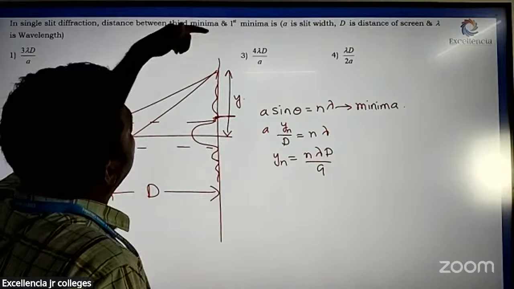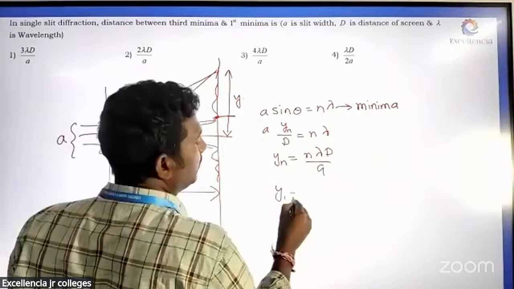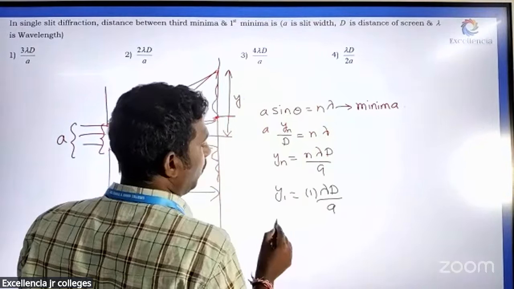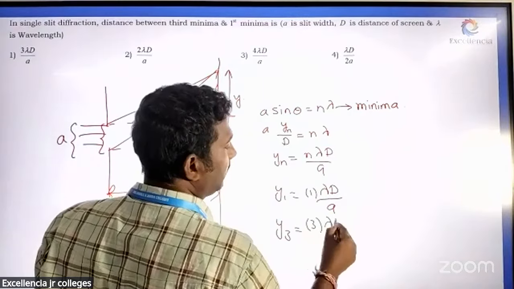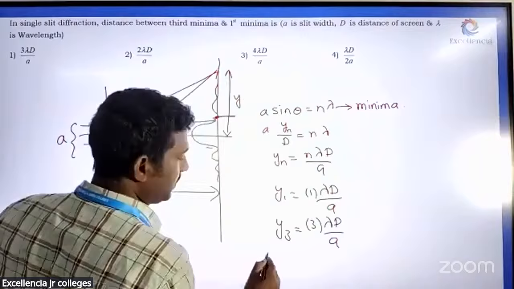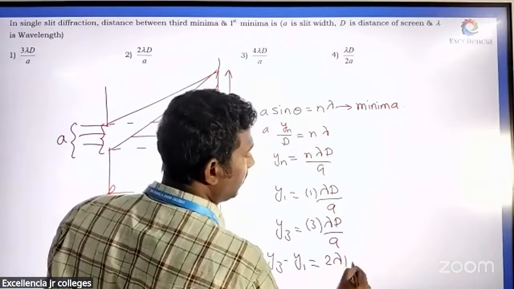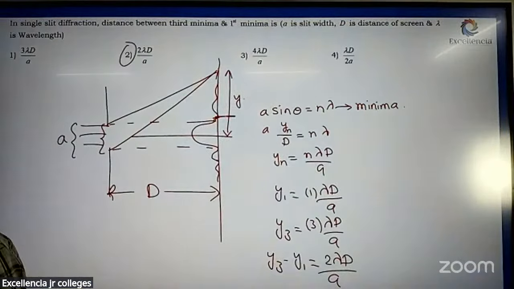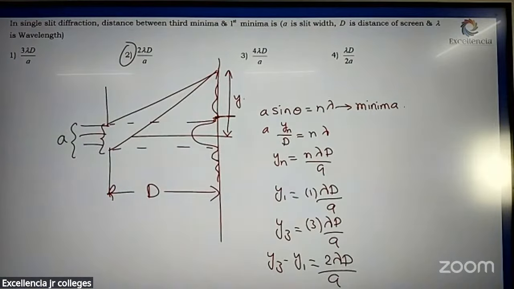Third minimum distance minus first minimum. So y1 is lambda D by a. y3, what you get? 3 lambda D by a. So students, y3 minus y1 they are asking, 2 lambda D by a, which is the second option. Got it, students? So this is the way for this question from the diagram.